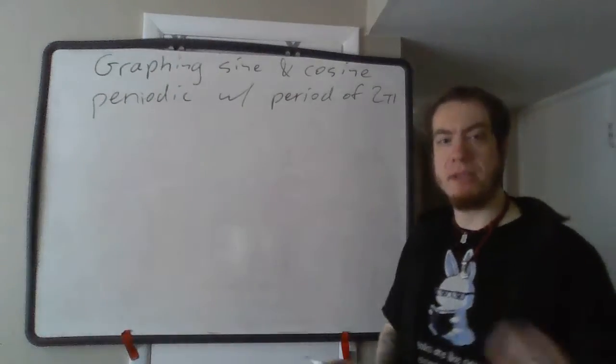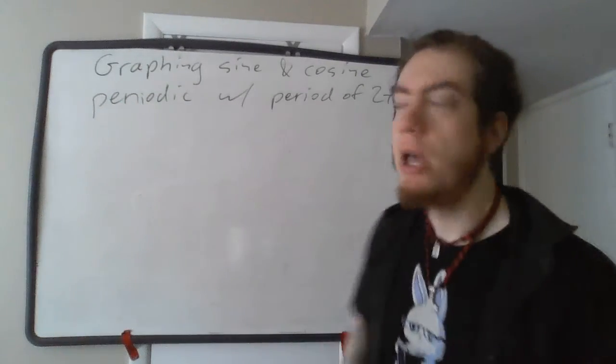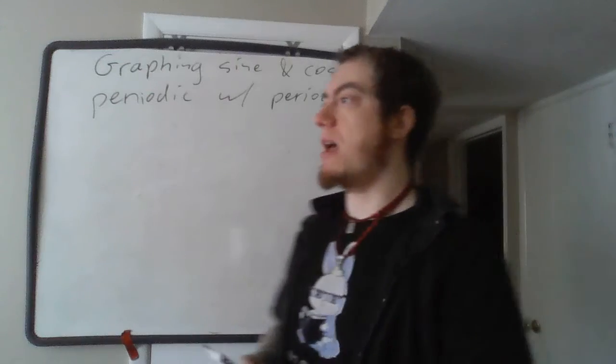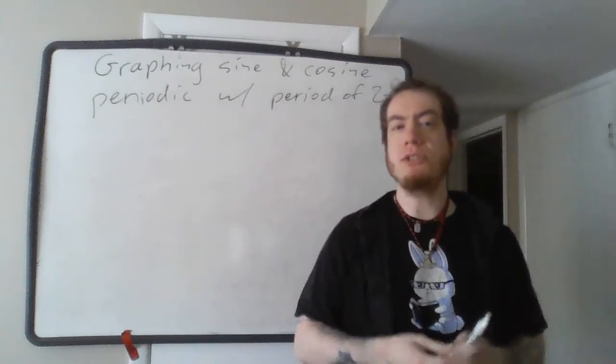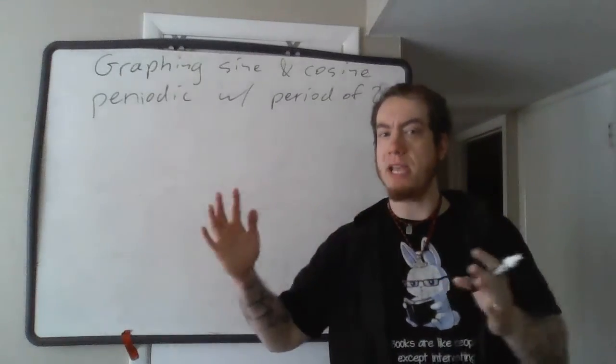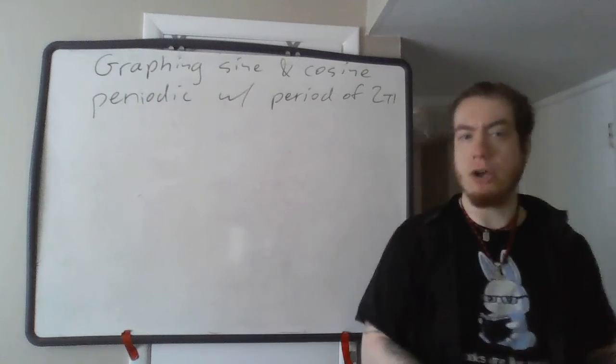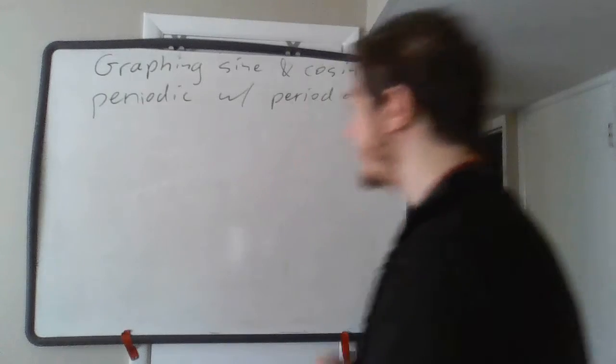In other words, they repeat themselves every 2 pi. The fact that they're periodic makes graphing them nice, because once you graph them over one period, everything else is just a copy of that shifted along the x-axis.